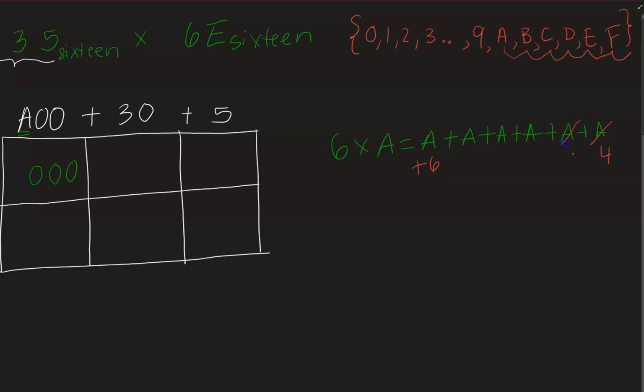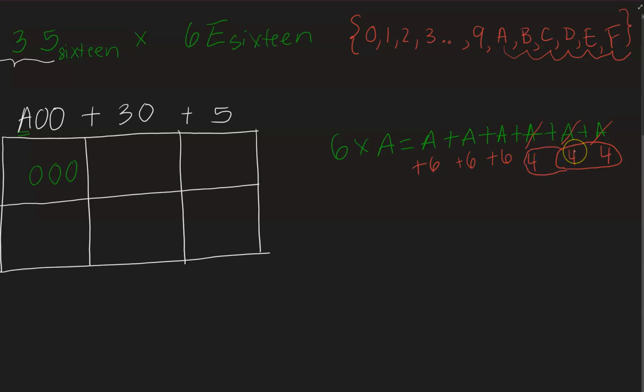Then I take this A, give 6 to here, I will have 4 left. Okay, then I will take this A right here and give 6 to here. I will have 4 left.